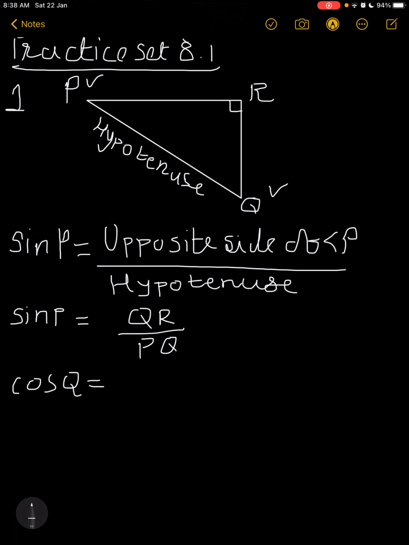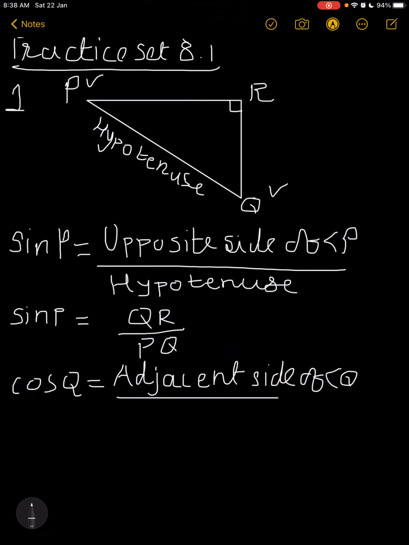Cos Q means a ratio where we divide the adjacent side of angle Q with the hypotenuse. This ratio is called the cos ratio.